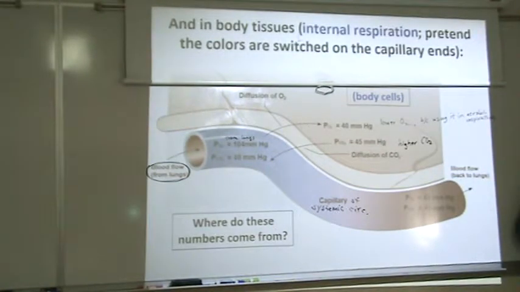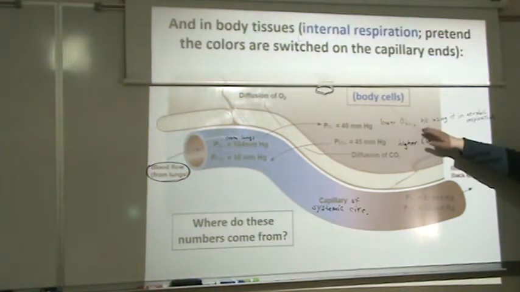What is oxygen doing in aerobic respiration? Why do you need oxygen for life? It's related to energy. You've got to have it at the end of the electron transport chain. A place to put electrons.